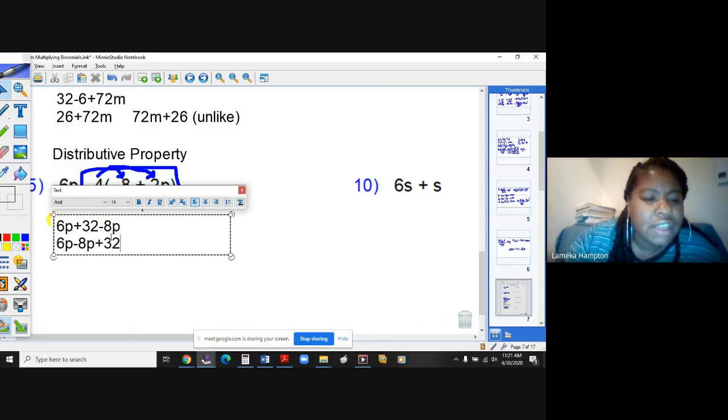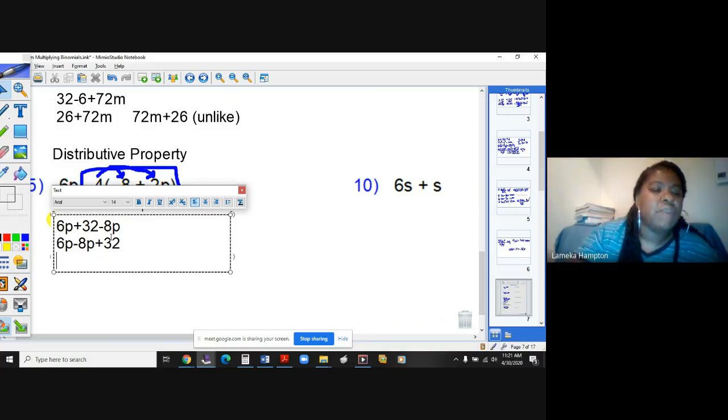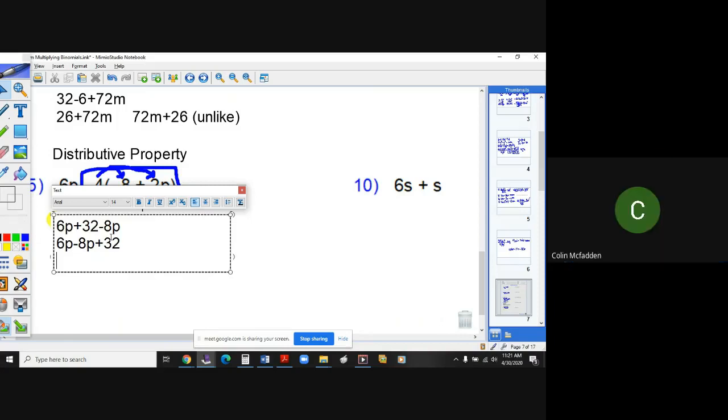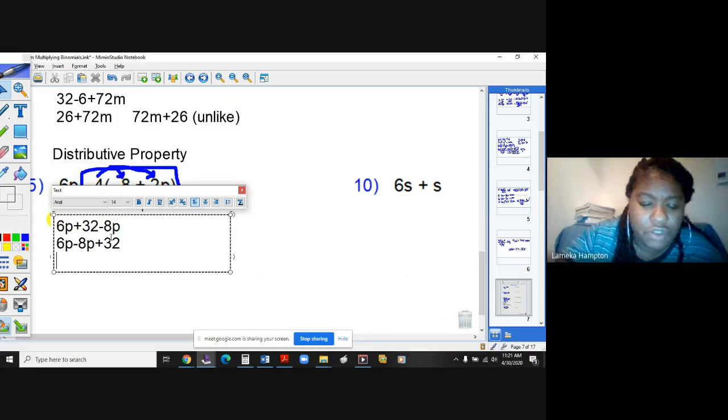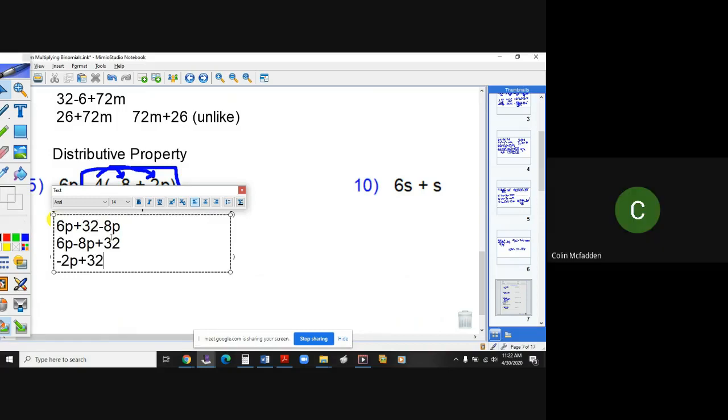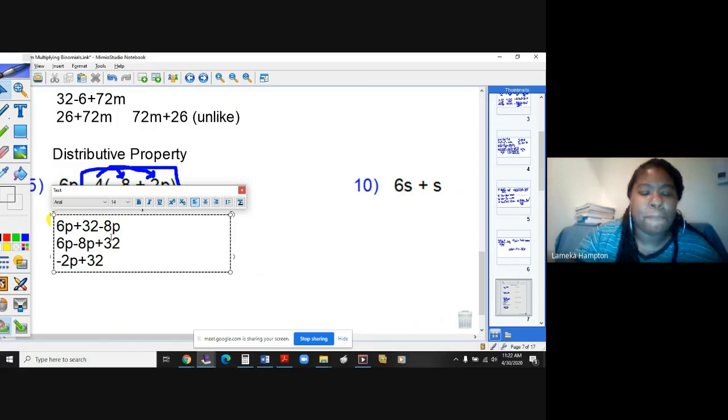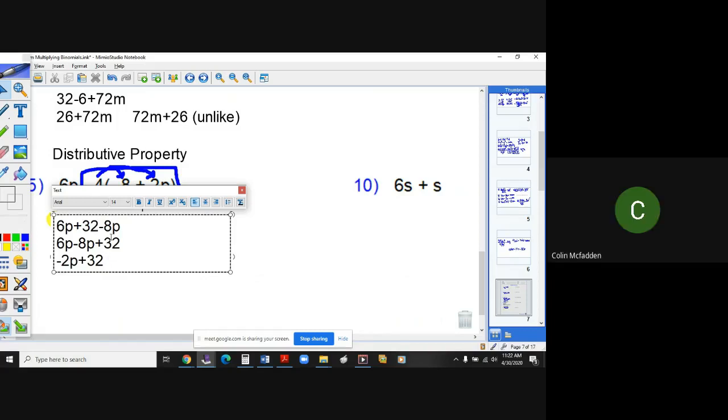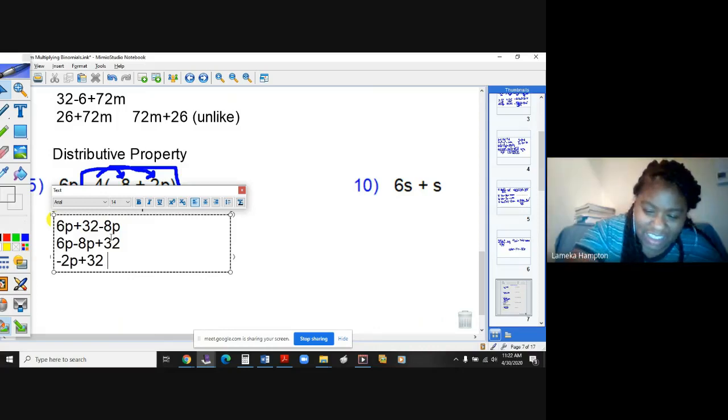And when I do that, 6 minus 8 gives me what? -2p. Yep, that's it. Then I have to bring my 32 down. Is that your final answer? Yeah, that's your final answer. Why is that? Because you don't have any like terms to add or subtract. Exactly.